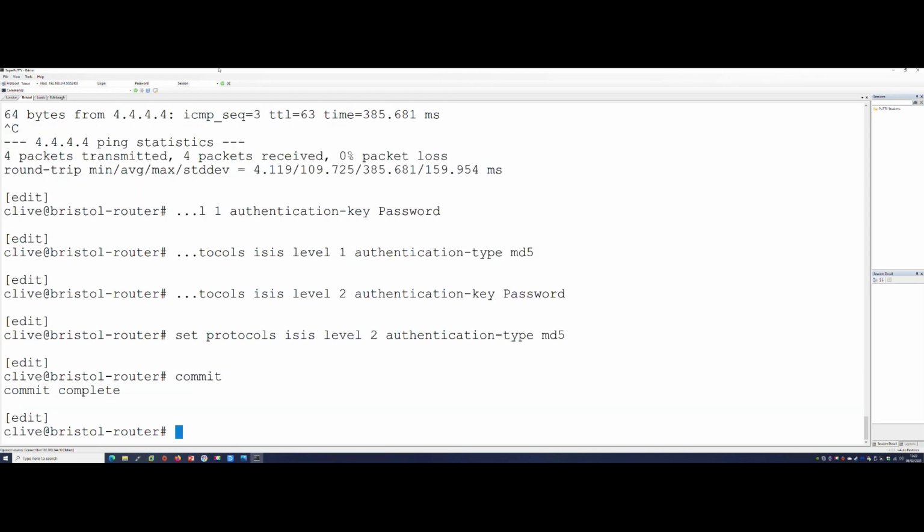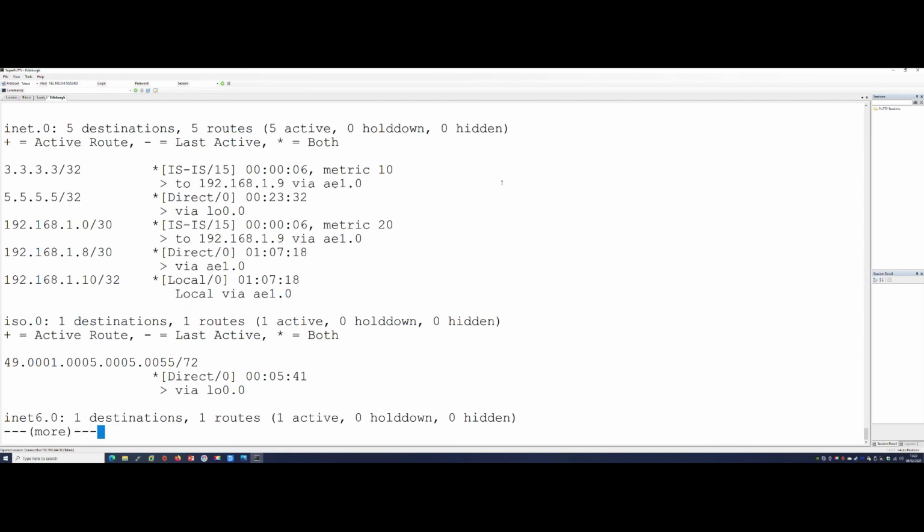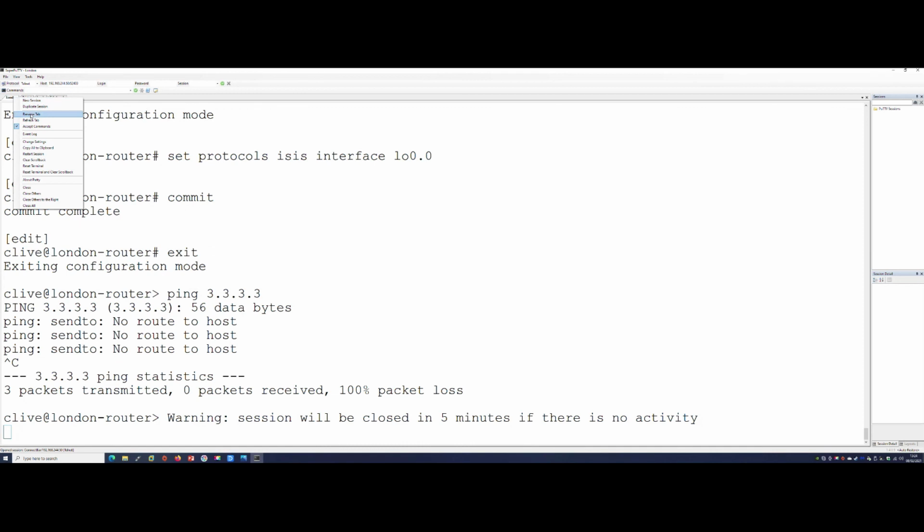Okay, so now let's go back to Edinburgh again and see if we see the routes for there. So as you can see, they've come back. Okay, so we've got our 3.3.3.3 back again via IS-IS. Okay, now let's do London next.